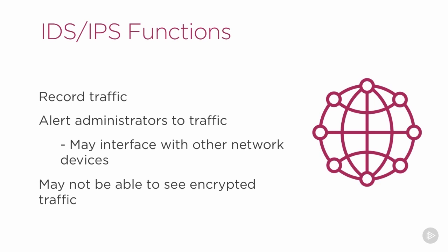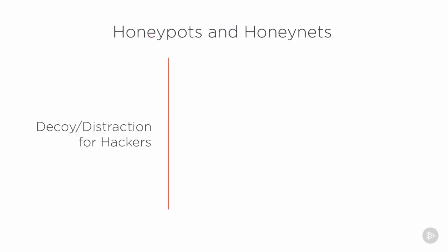If we have traffic which is encrypted, and the IDS doesn't have the key, it's not going to be able to actually see that traffic and examine it properly. Now, a host-based IPS usually can, because at the host it's being decrypted and then it can examine it. But especially a network-based IDS and IPS is often kind of half-blind.